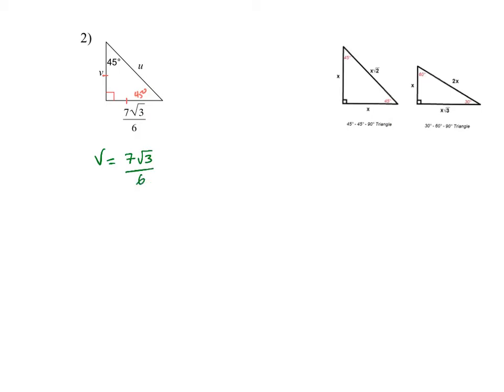And U is whatever the legs are, so U equals 7 square root of 3 over 6 times the square root of 2. So that means that U equals 7 square root of 6 over 6. And that's it.